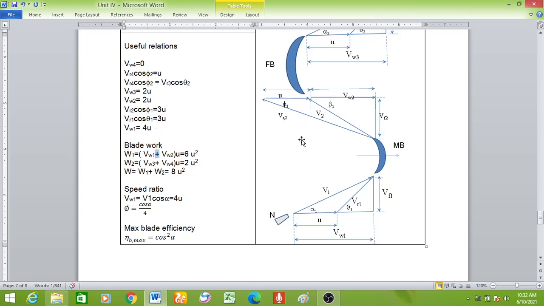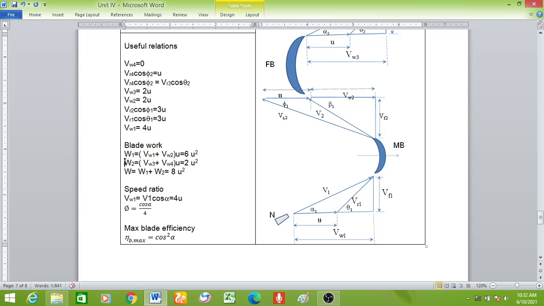So Vw1 plus Vw2 into U will be equal to 6 times U square. How 6 times U square? Vw1 is 4u, Vw2 is 2u, so you have 6u, and 6u into u is 6u square.